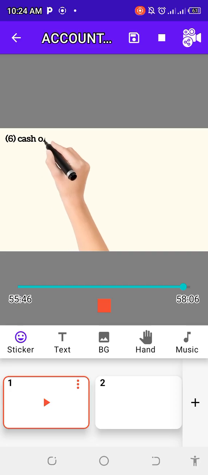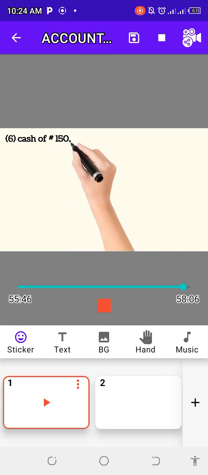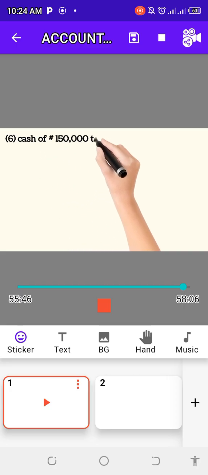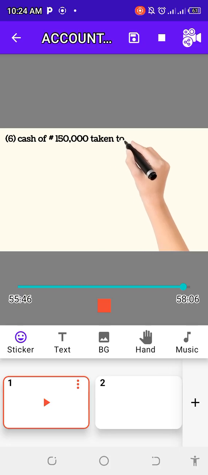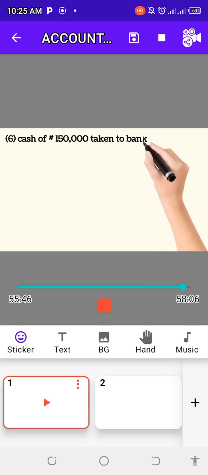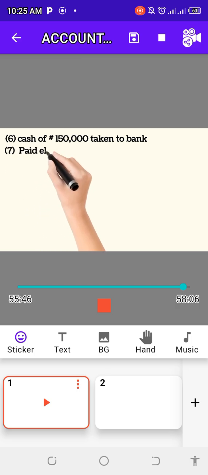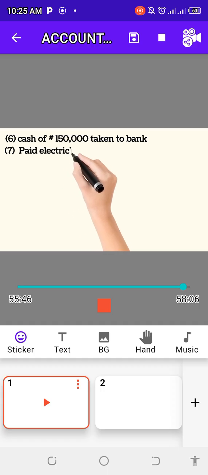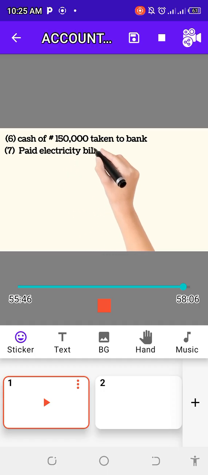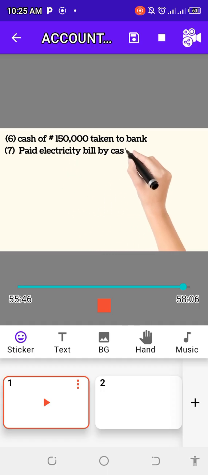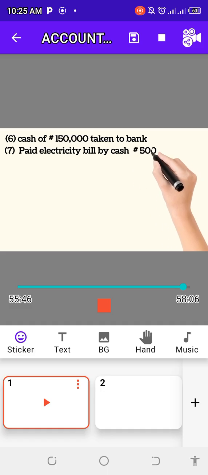The sixth transaction, cash of 150,000 was taken to the bank by John Bader. And the seventh transaction, John Bader paid electricity bill, paying by cash of 500 naira. We shall take them one by one also.